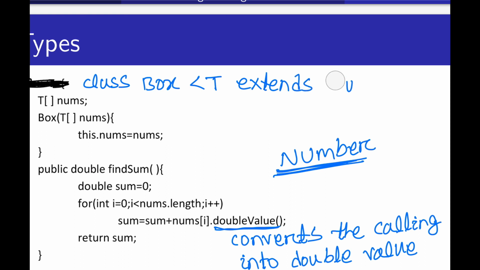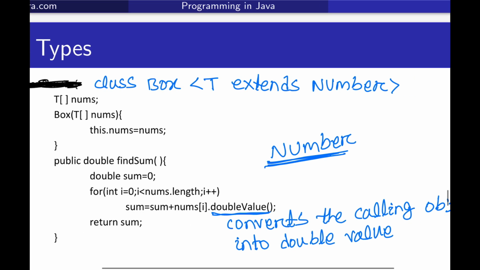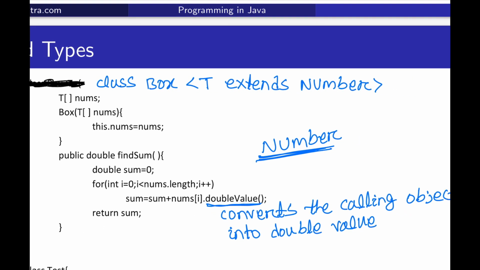It is capital N because the class name starts with an uppercase letter. So class Box T extends Number, then the curly braces like it was there previously.